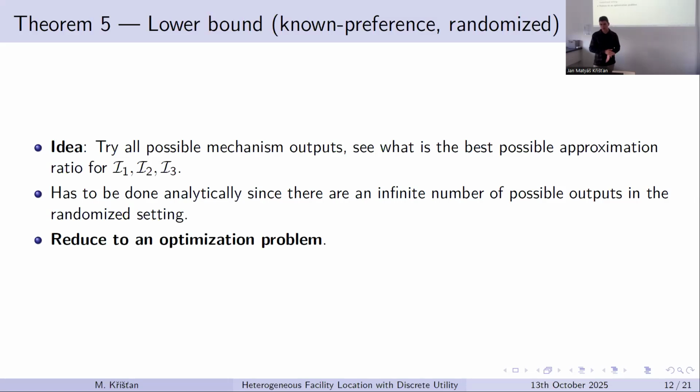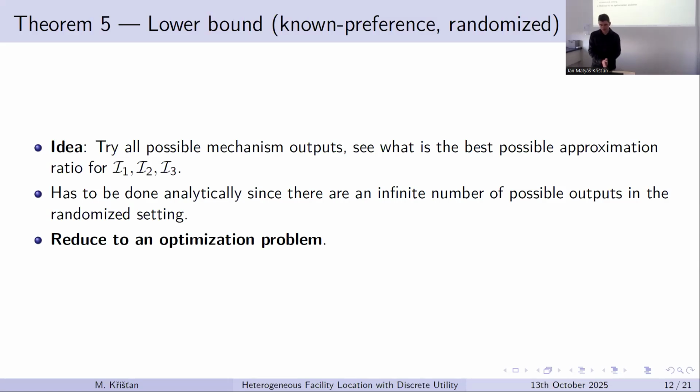That means that there is an infinite number of distributions that the mechanism can choose, and we will need to solve this analytically. One way to imagine this is that the mechanism actually just outputs the distribution over the positions joined with the facility type. Then we could sample from this distribution, and it would be equivalent to the mechanism doing something random.